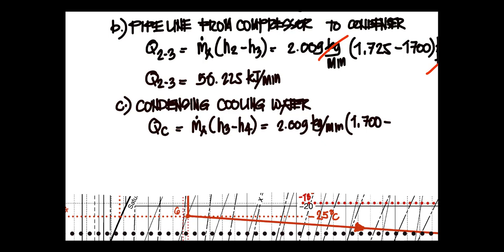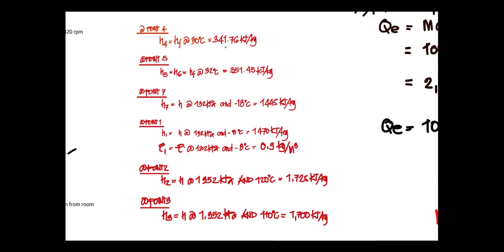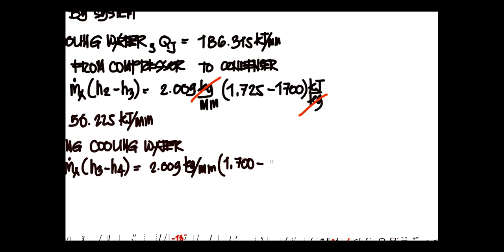And for our enthalpy 4, looking at the table, we have 341.76, with the units kilojoule per kilogram.